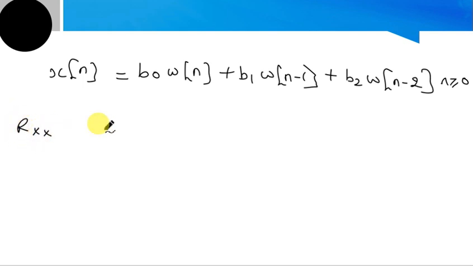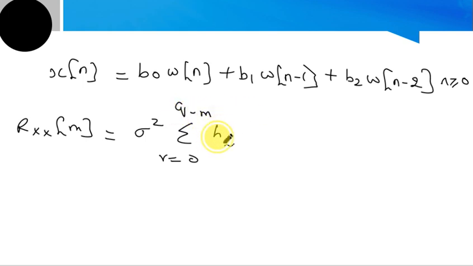Hence, my Rxx of m will be equal to sigma squared summation r equal to 0 to q minus m br b r plus m for 0 less than or equal to m less than or equal to 2.